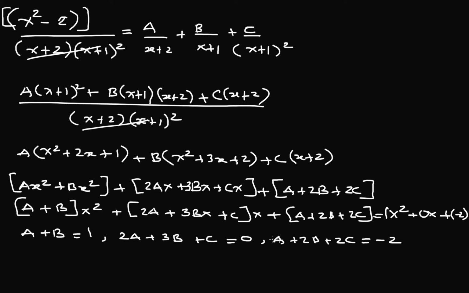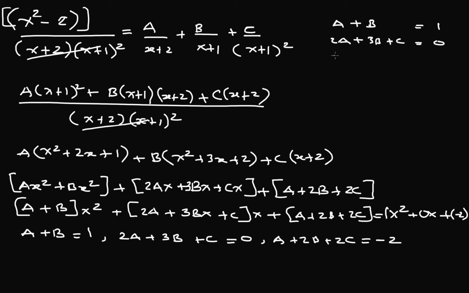You can see that this is a simultaneous equation. If you remember, this will be the arrangement that they normally give you, where they say a plus b is equal to 1, and then here they will say 2a plus 3b plus c equal to 0.